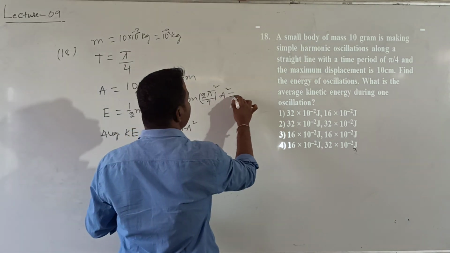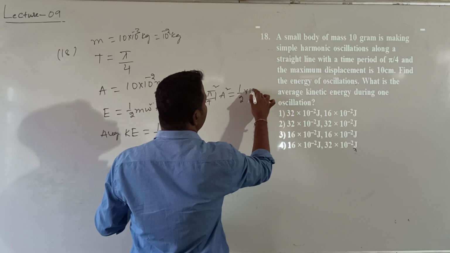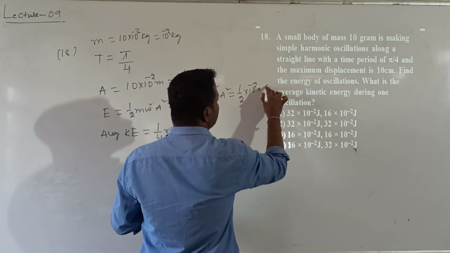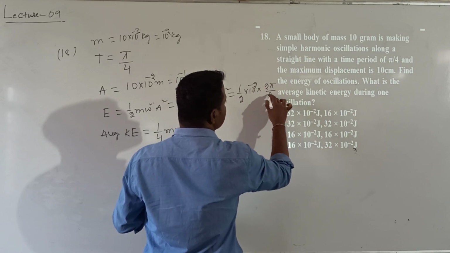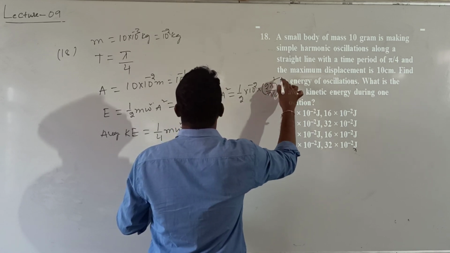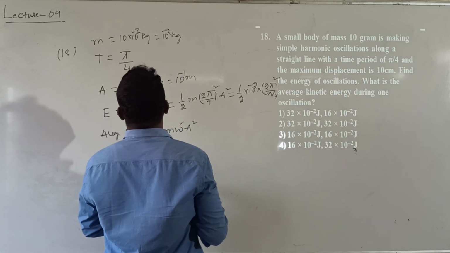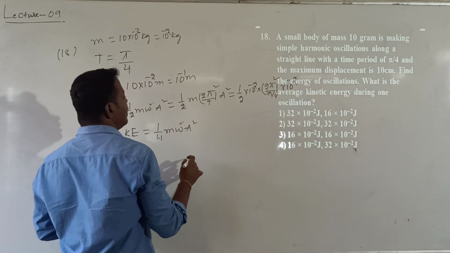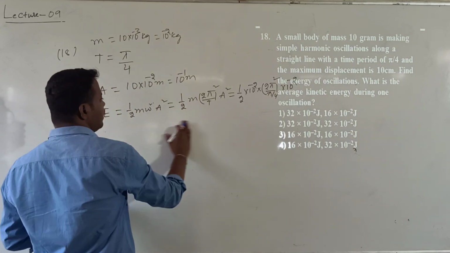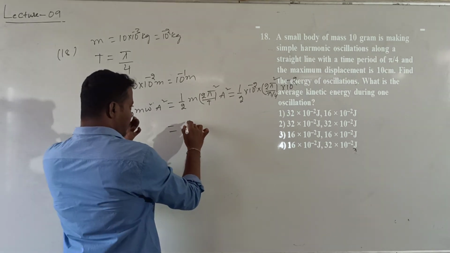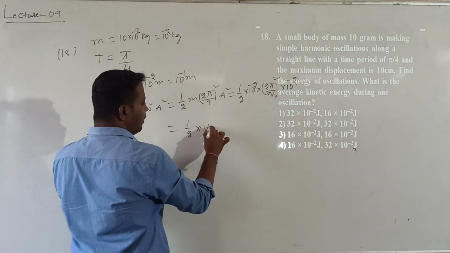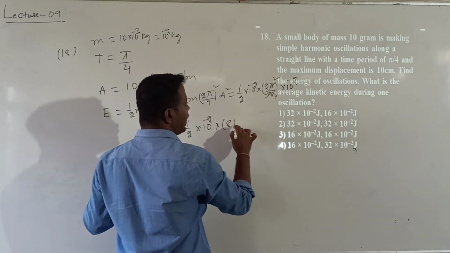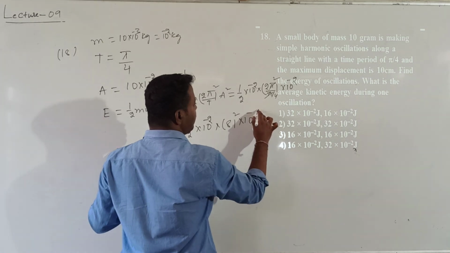So it is 1 by 2 into 10 to the power of minus 2 into 2 pi by pi by 4 whole square into the amplitude value, 10 power of minus 2.